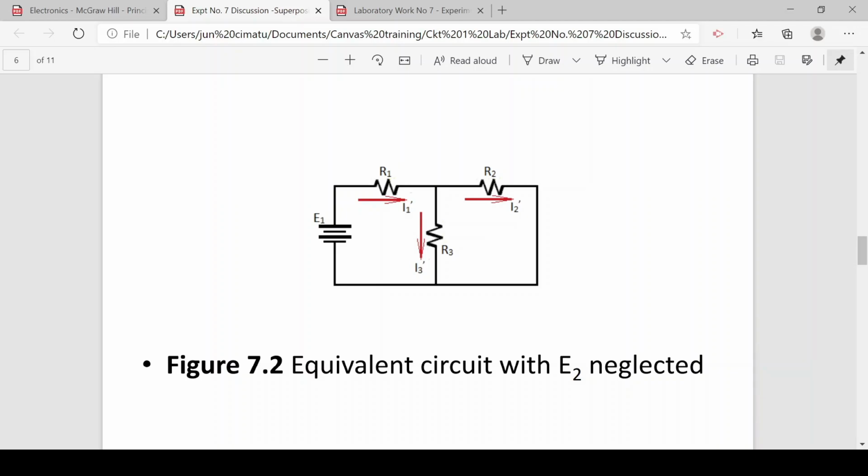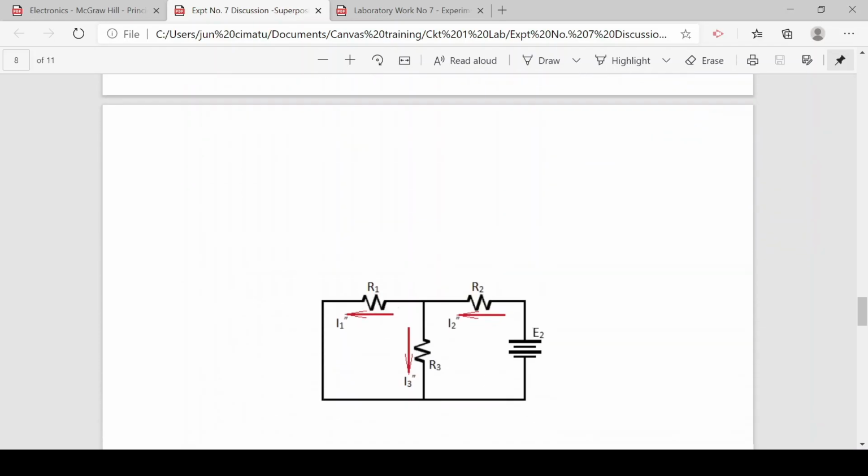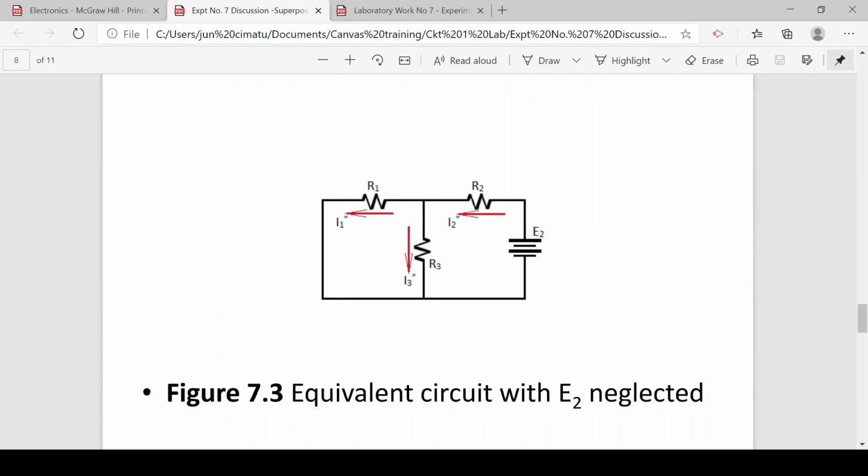Now, if we consider the source voltage E2 and deactivate E1, the source voltage E2 will supply its own component currents, and these would be directed opposite to the direction of the current supplied by E1. We have here I sub 2 double prime, representing the current going to R2.